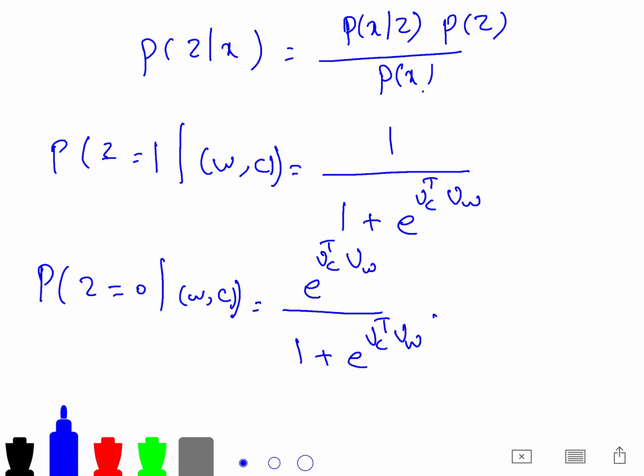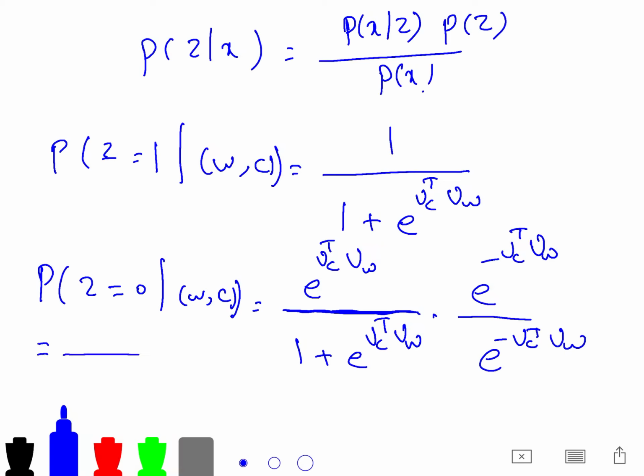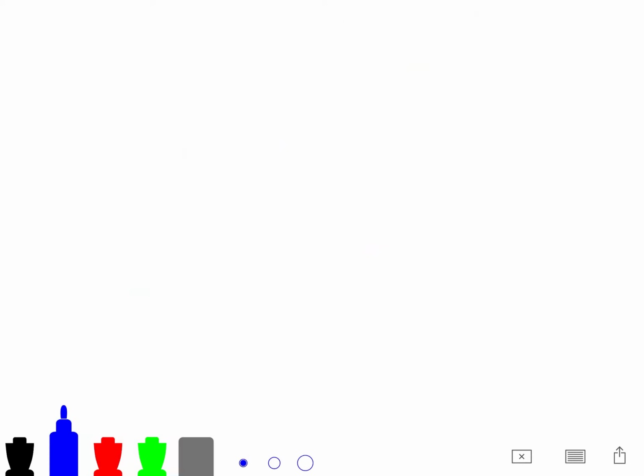Omega is W. I sometimes say omega and sometimes say W. So forgive me, please, for this problem that I have in my unconscious neural network inside my brain. So we just multiply by e to the VC transpose VW, and what happens is it becomes 1 over 1 plus e to the minus VC transpose V omega.